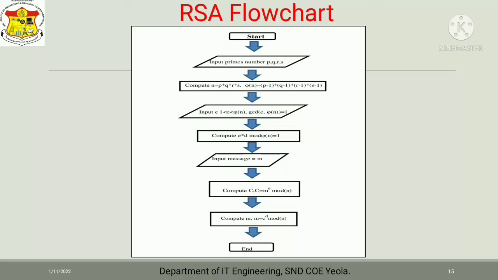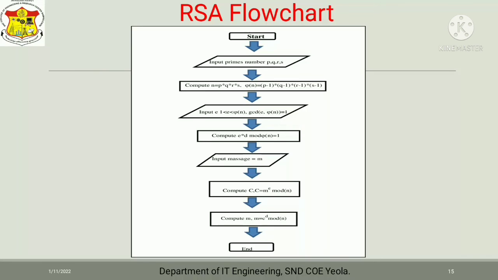Flowchart of RSA algorithm. First, start. Input prime numbers, that is p and q. Second, compute the value of n. N is equal to p into q. Then calculate phi of n, that is the totient function of encryption and decryption. How to calculate totient function? P minus 1 into q minus 1.